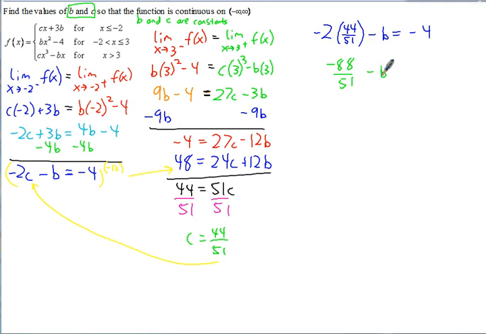Minus b equals, if we get a common denominator, multiply this one by 51 over 51. That's negative, well, 50 times 4 is 200. And then 1 times 4 is 4, so that'd be negative 204 over 51. And then if we just get the b by itself, add the b over here, and add the 204 over 51.